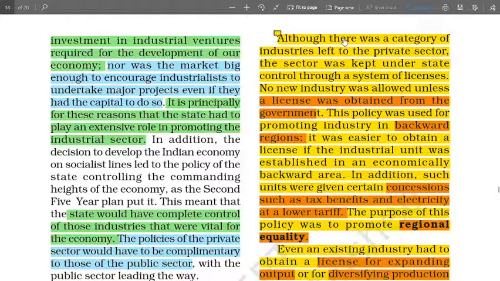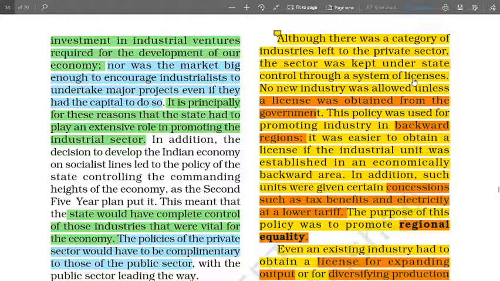Okay, so the way to control the private sector, first thing was a licensing system. During those years, 1948 onwards, India adopted a license Raj policy. That means if you were to set up industries, even though it falls under the third group, exclusively belonging to the private sector, they need a license or permission to set up new industries.